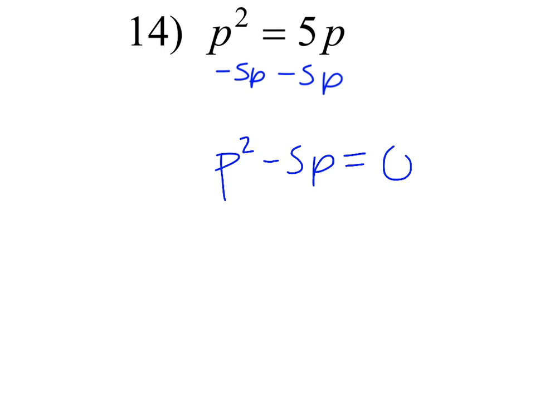Now we don't have 3 terms to factor here, but do we have any common factors that we can take out? What can we take out? p. So we're going to divide both of these by p. So we take out a p. What are we left with? In our first term, we started with 2 p's, but took one out. So we have p minus 5.